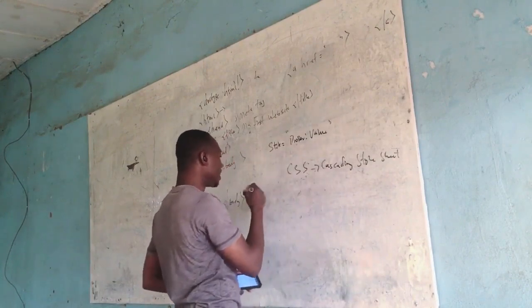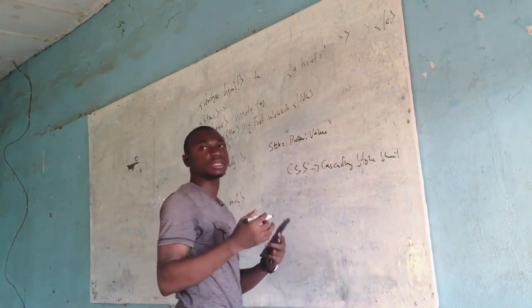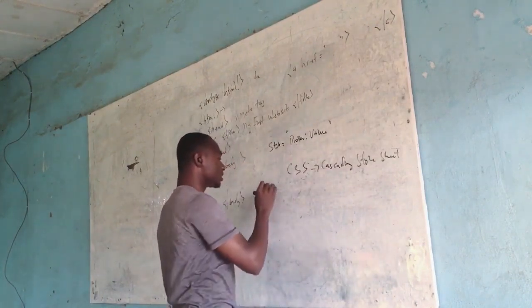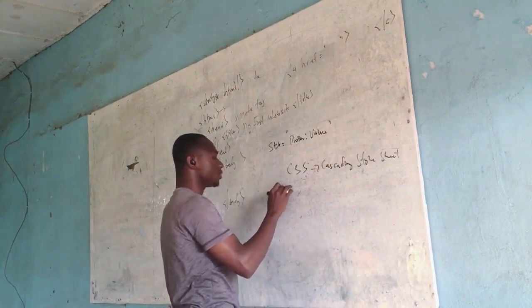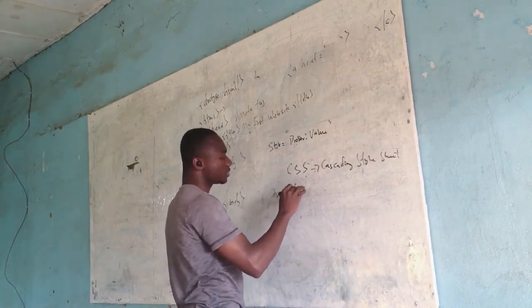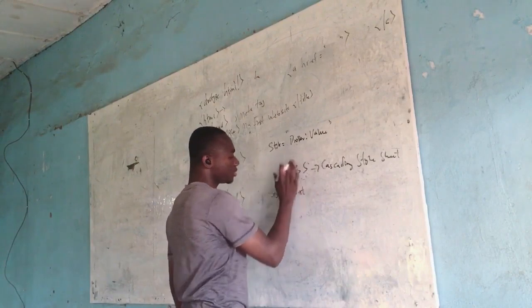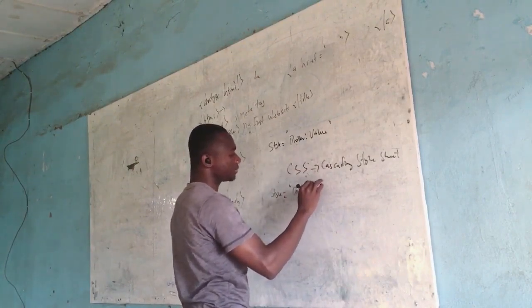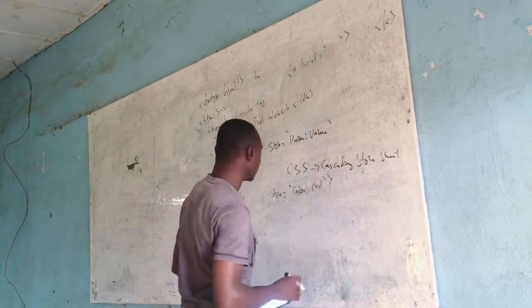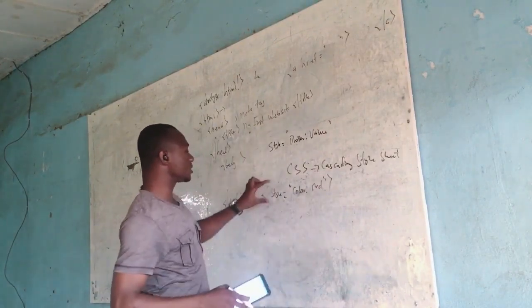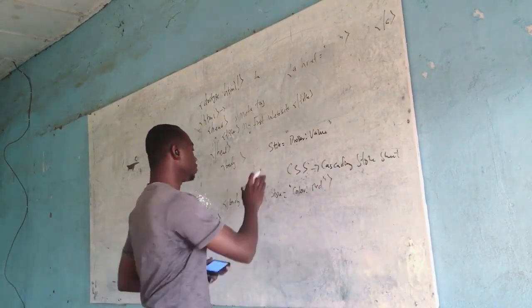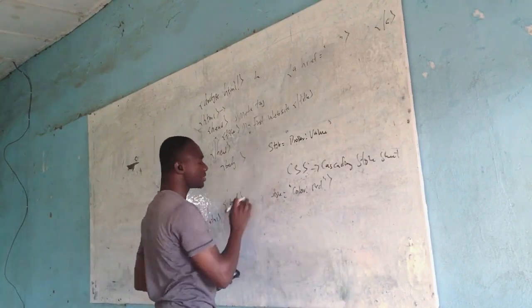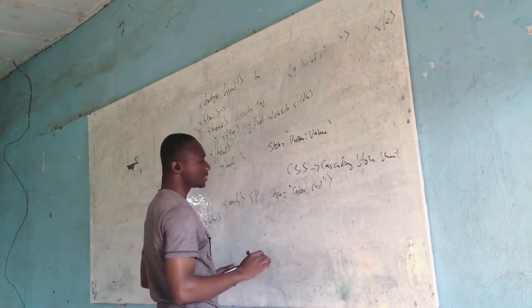For example, I want to give my font a color. So how do we do that? Style is equal to color: red. Okay. Now you give your style color red. This is attached to an element, for example, a paragraph element.